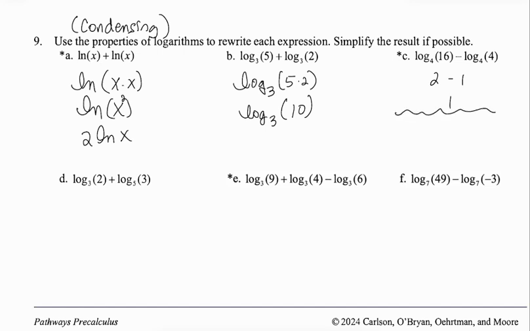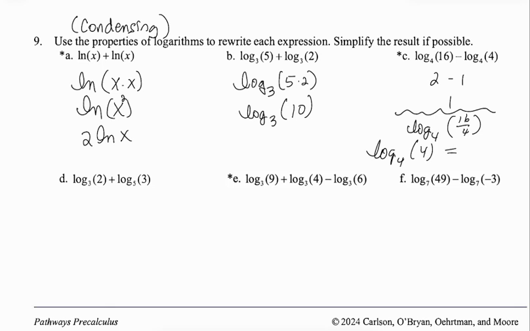Now, let's try it a slightly different way. 2 logarithms that are subtracted can be combined if inside we divide. So that would be the log base 4 of the fraction 16 divided by 4. The positive thing is your numerator. The thing you're subtracting is your denominator. Okay. 16 divided by 4 is actually 4.